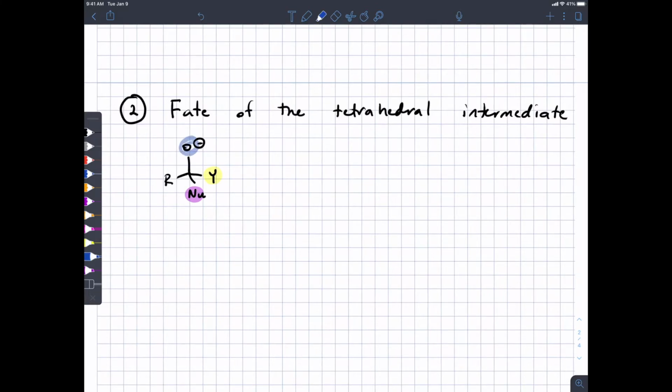These are the key players in the tetrahedral intermediate. And we're going to ask some important questions along the way. Scenario 1, or A, I suppose, is Y minus is a good leaving group.